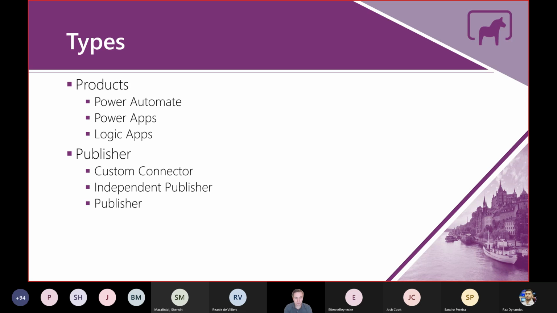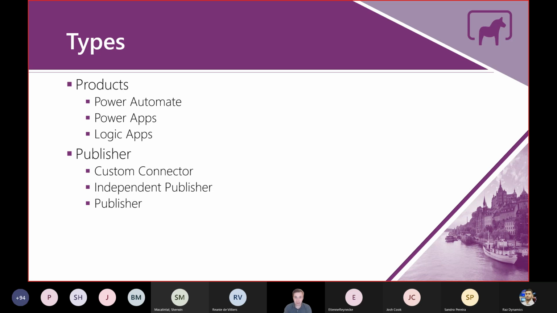There are different types of custom connectors. One side is for different products. You could create a custom connector for Power Automate, Power Apps, which is Canvas app in this case, and Logic Apps. And then you have different types of publishers. So either you create a custom connector, what we are talking about today, those are only used in your organization or any other organization or environment where you deploy it to.